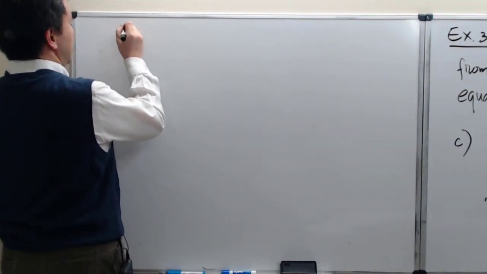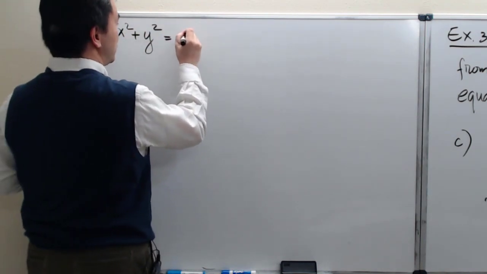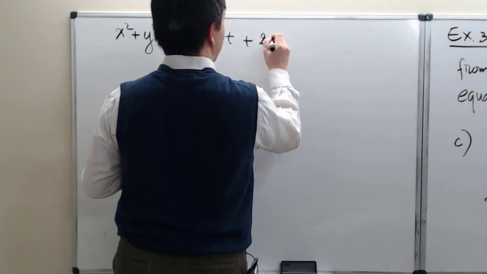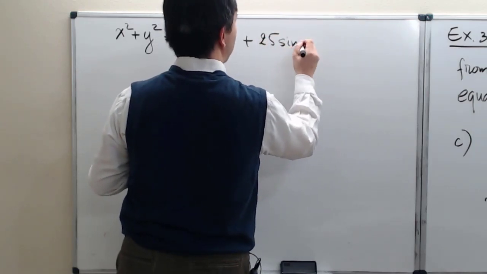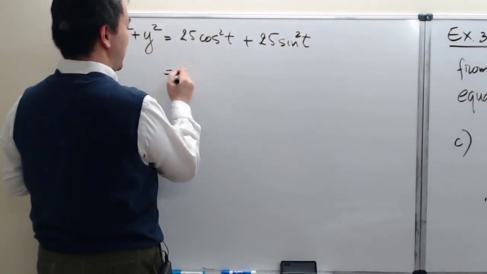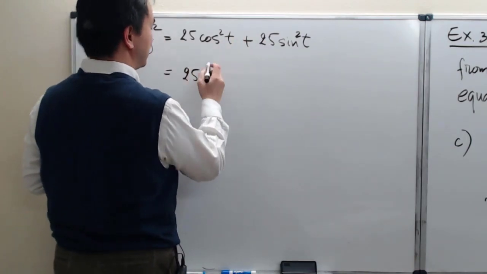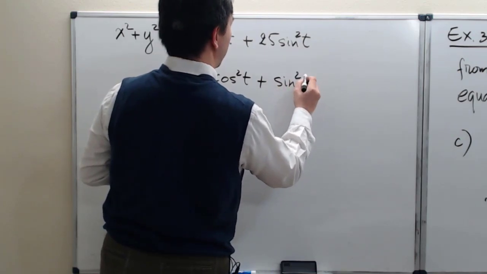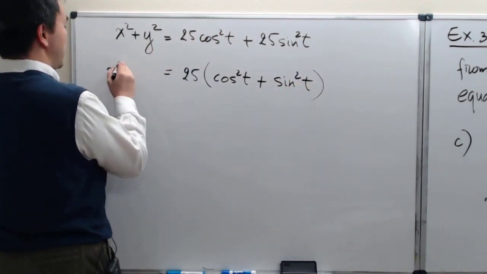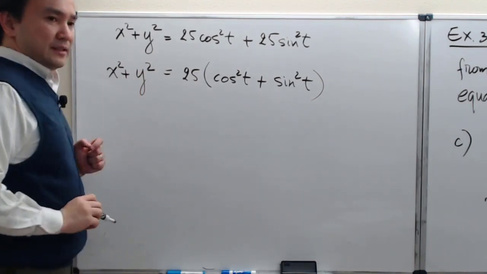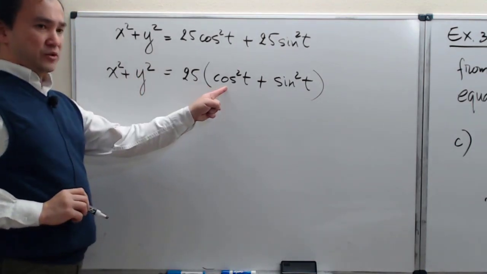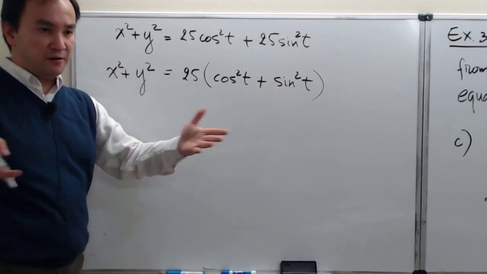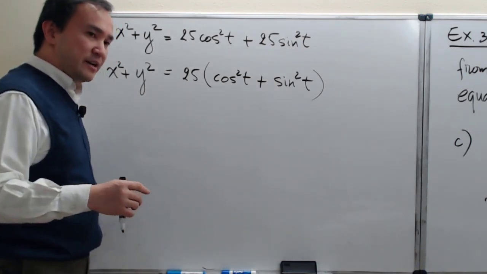So the x squared plus y squared is equal to 25 cosine squared of t plus 25 sine squared of t. But on the right hand side, we can factor out the 25. And now we're looking at cosine squared of t plus sine squared of t, and x squared plus y squared is here.